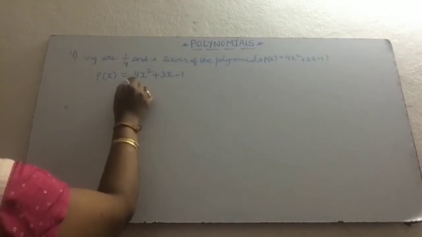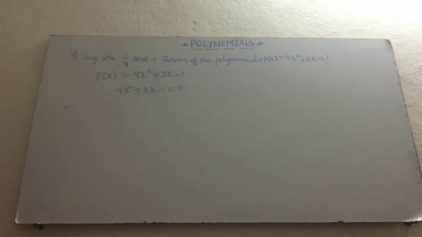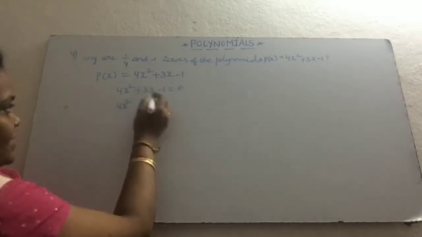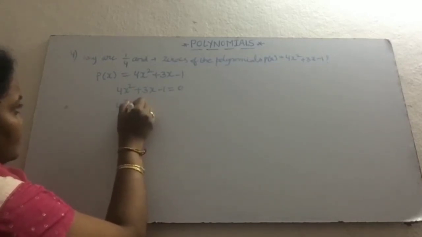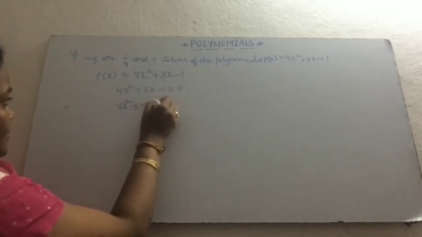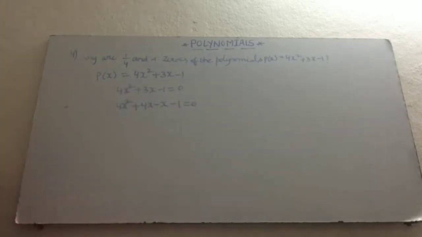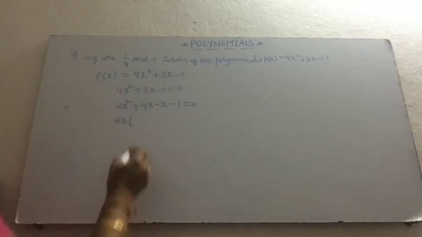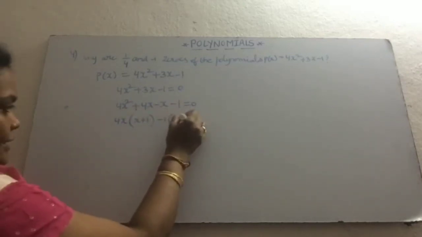So 4x square plus 3x minus 1 equal to 0. Factorize the equation. Then 4x square, I will split 3x as plus 4x minus x, which means plus 3x. Then in these two terms 4x is common, so we get x plus 1, and here minus 1 common, so x plus 1.